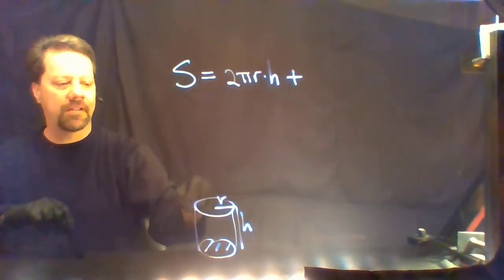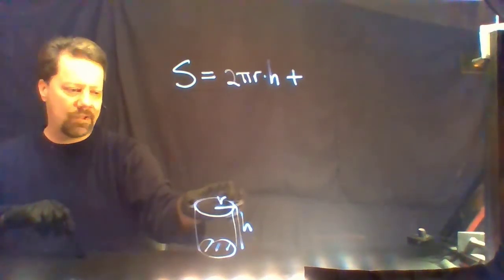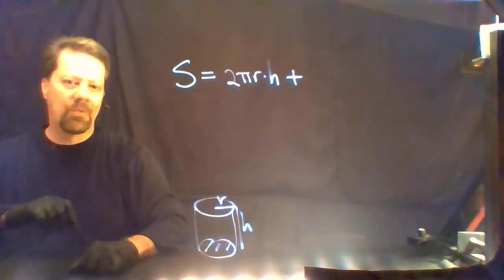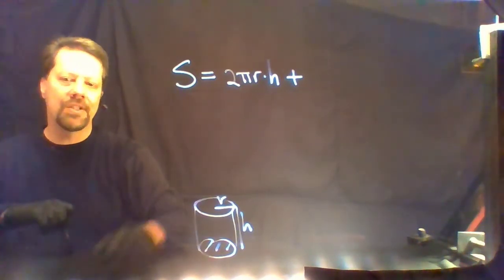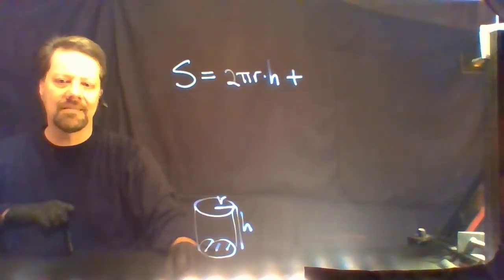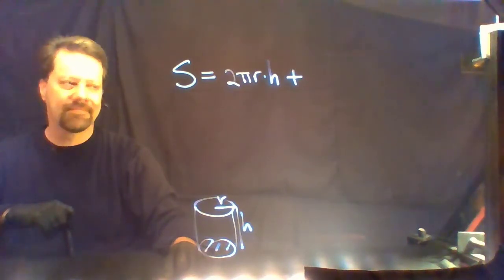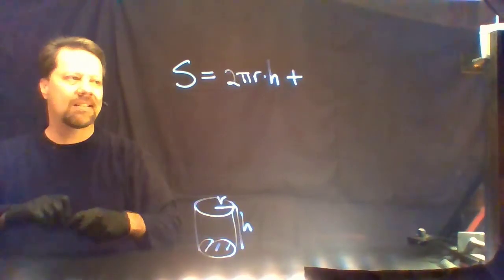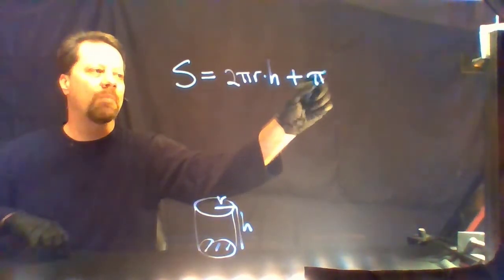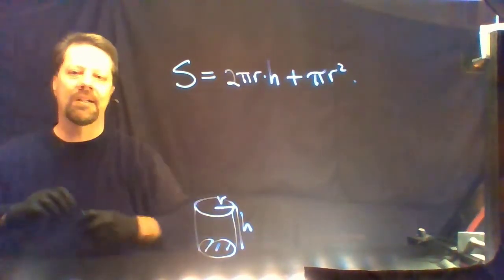If you have a curve of length L and you sweep it at a right angle some distance h, the surface area of the region swept out is L times h. But we also have to add the area of the base, and that's going to be pi r squared.